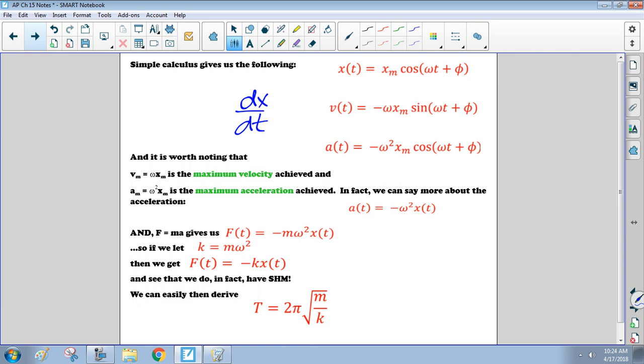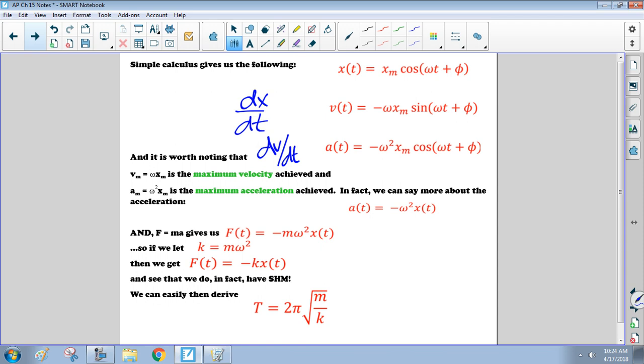If you take the derivative of this, remember the derivative of cosine is negative sine, and then you use the chain rule and take the derivative of omega t plus phi, so that pulls an omega out, and you get this. Do I need to run through how to take that derivative? Are you far enough in your calculus now to be cool with that? All right, and then taking one more derivative gets us the acceleration.